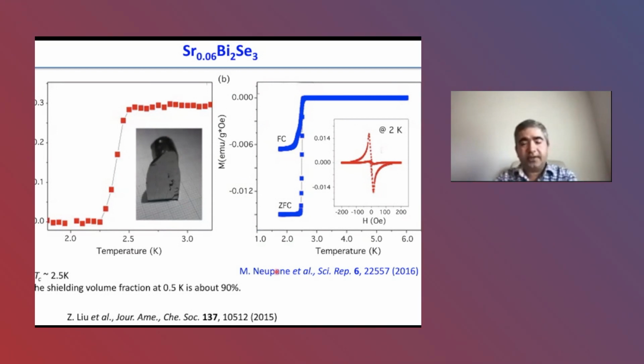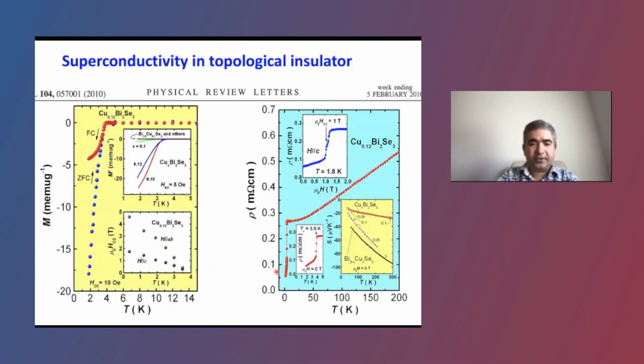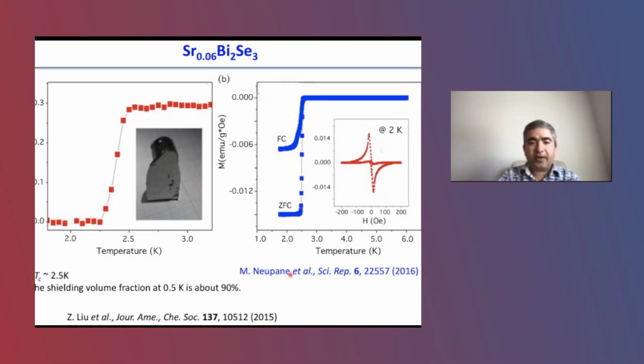So what we did is, at that time, copper-doped bismuth selenide had a poor superconducting volume fraction. In some cases, it doesn't even come to zero. So at that time we thought, okay, let's do strontium doping on bismuth selenide.